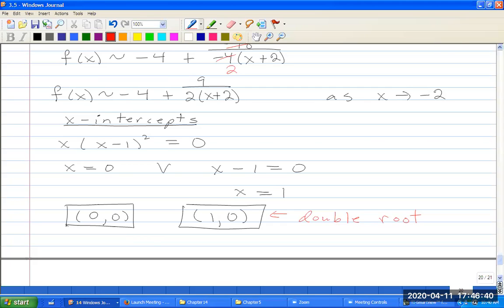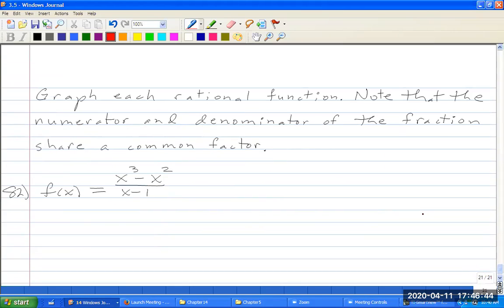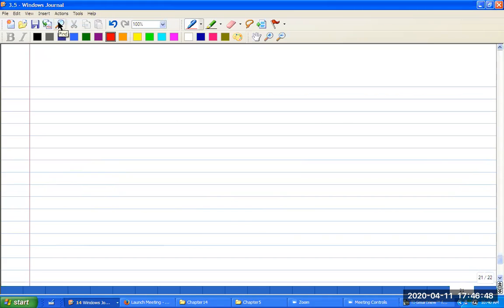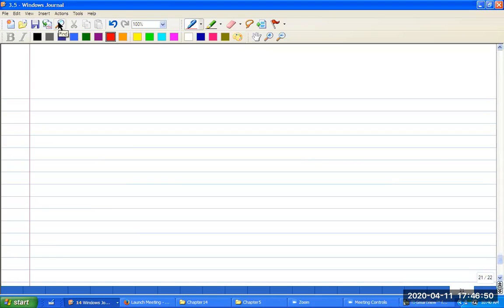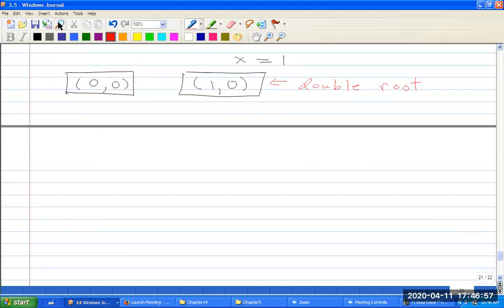So maybe I should have looked at some asymptotic behavior near x equal 1 and x equals 0 to see what the roots do near those. So let's do some further asymptotic behavior near the roots.